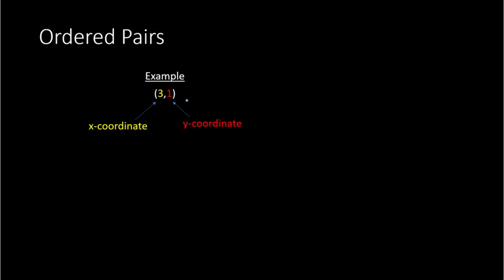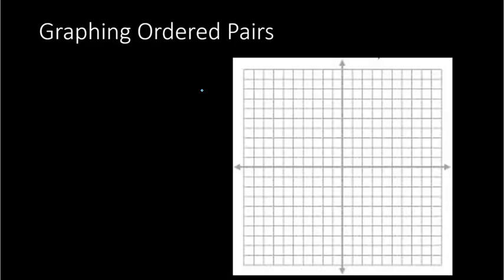Now what this does is this gives us a specific point or location on the coordinate plane that we can graph. So if you were to graph, for example, the point A, and A is the point (3, 2). Remember, 3 is your x value, 2 is your y value.